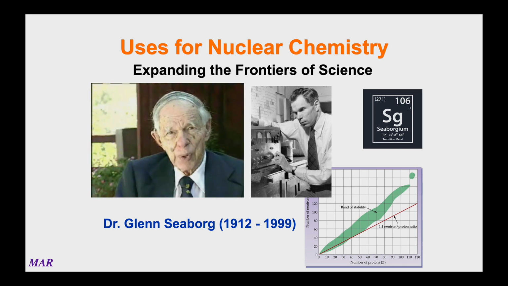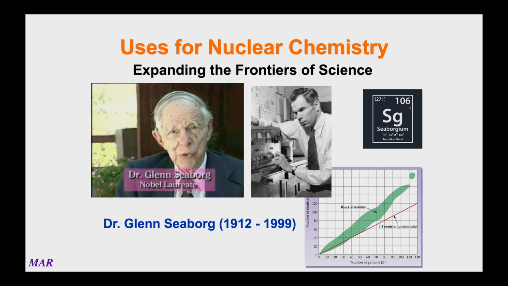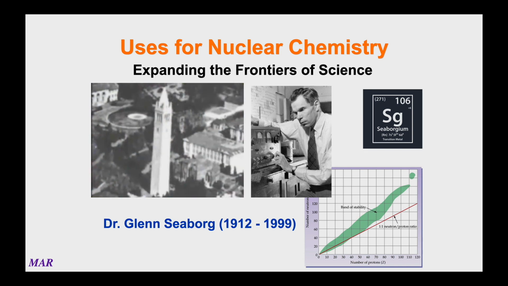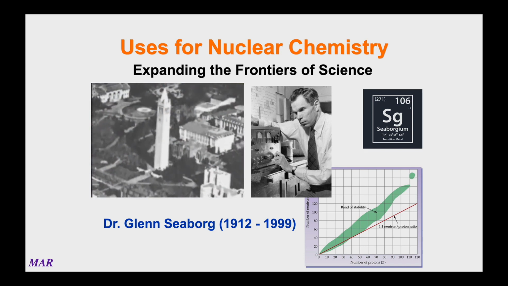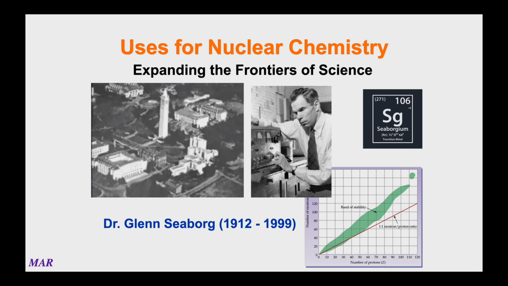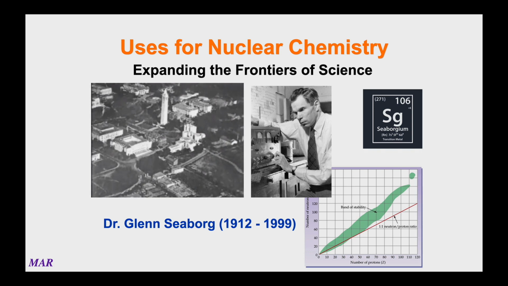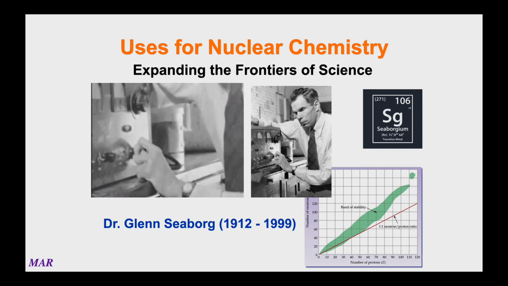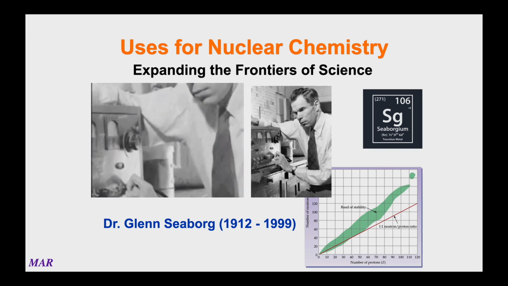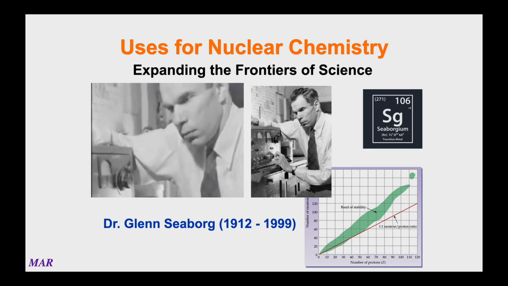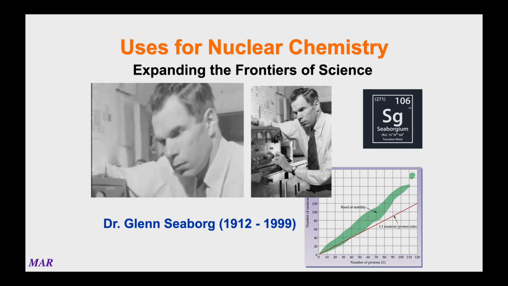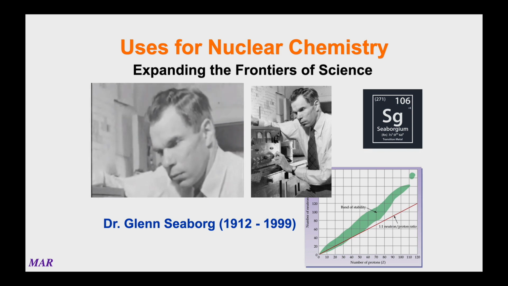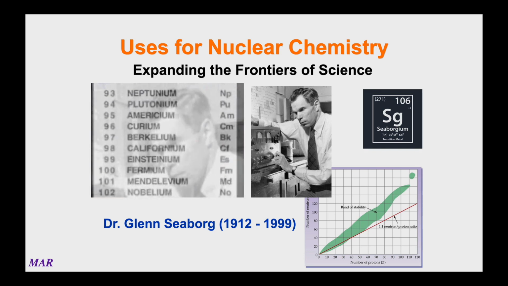After graduating from UCLA with a major in chemistry in 1934, I went to Berkeley to obtain my PhD in chemistry in 1937. And then a few years later, I became involved in the research to synthesize and identify the so-called transuranium elements.